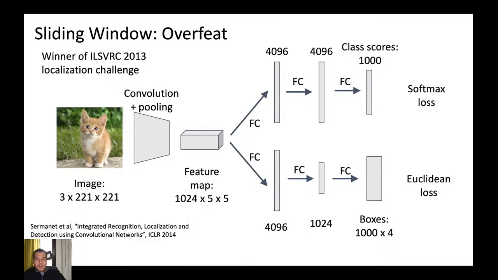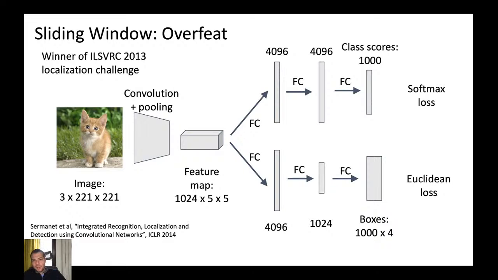Okay, so this simple idea with a sliding window was used in the OverFeat framework. This was the winner of the ImageNet localization challenge in 2013.